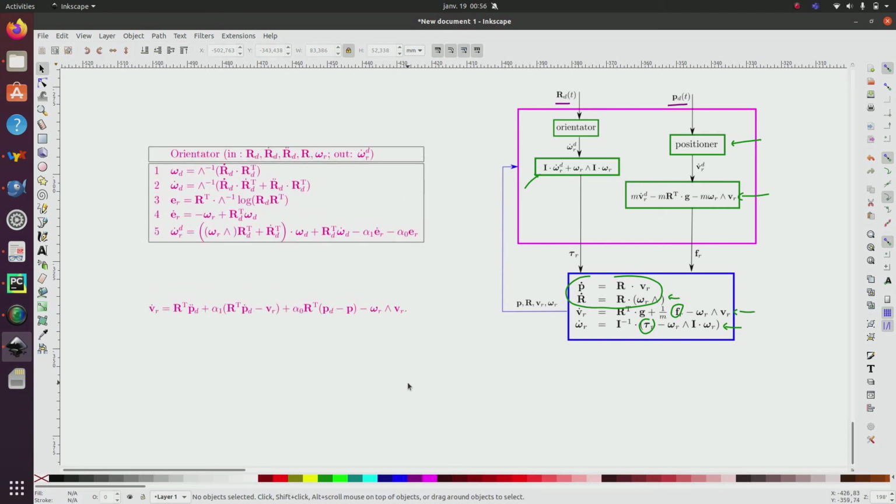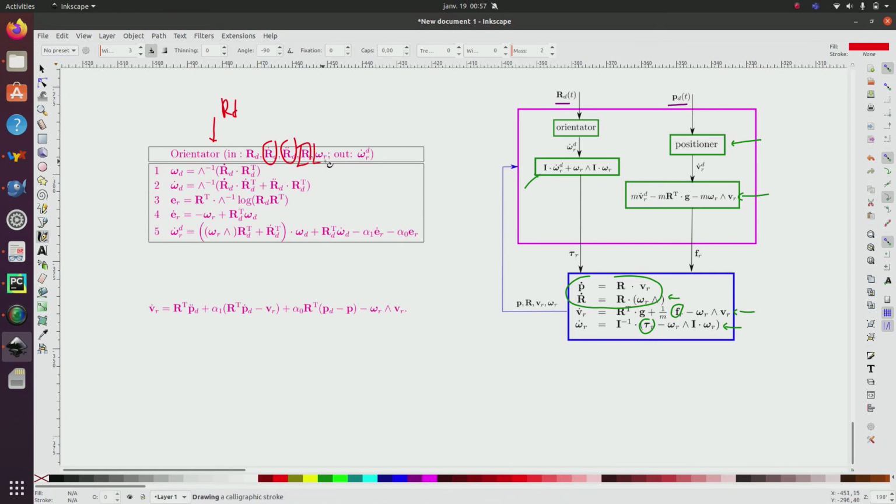But I have to say that for the orientator, the input is the desired orientation, but I also need the first and the second derivative. And I also need some elements of the state, R and omega R, that are given here. So I assume that I know the state.